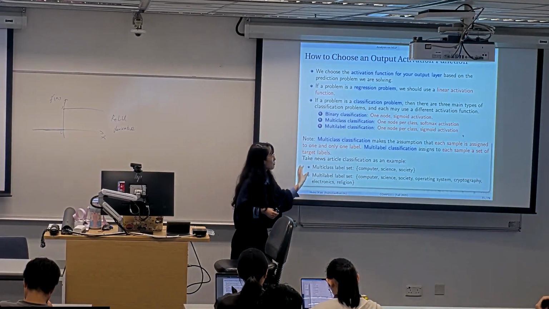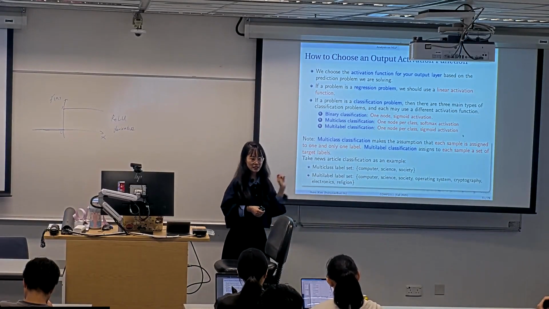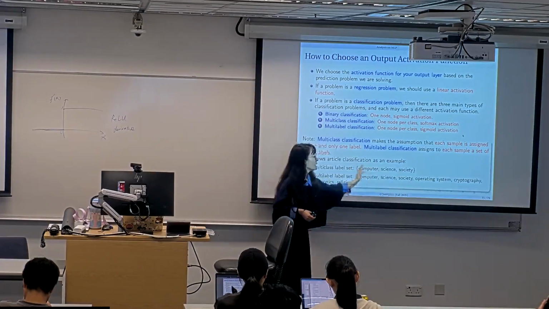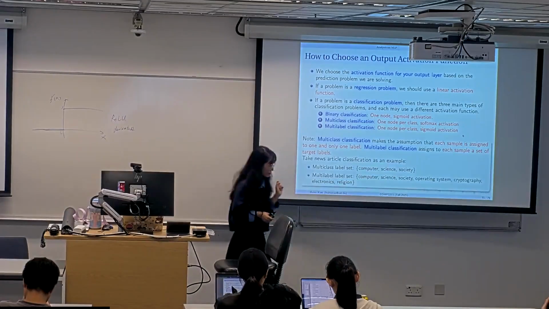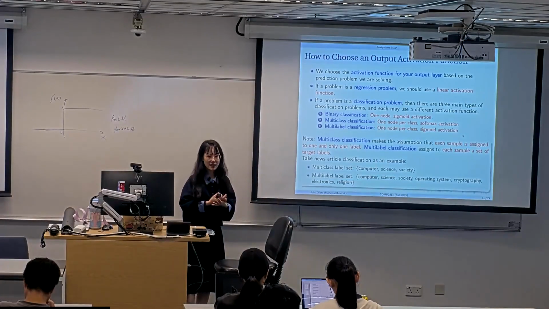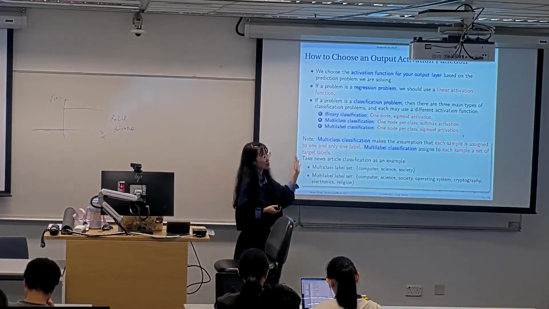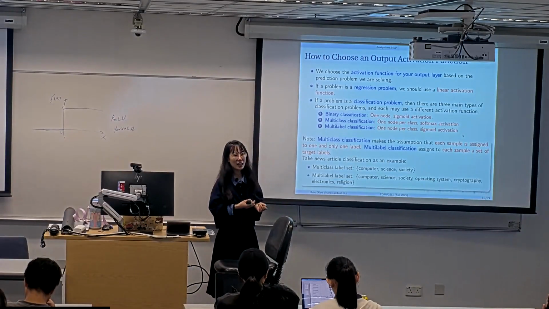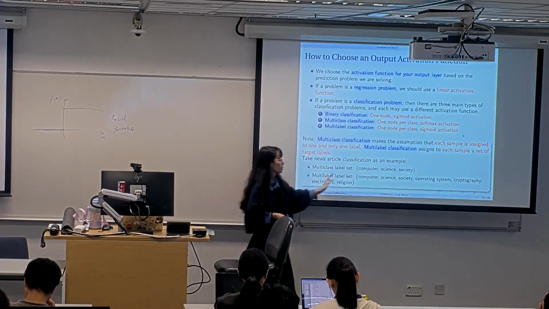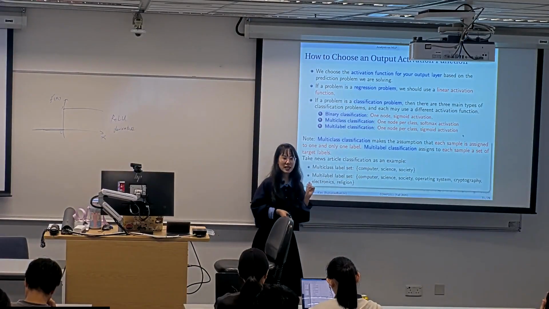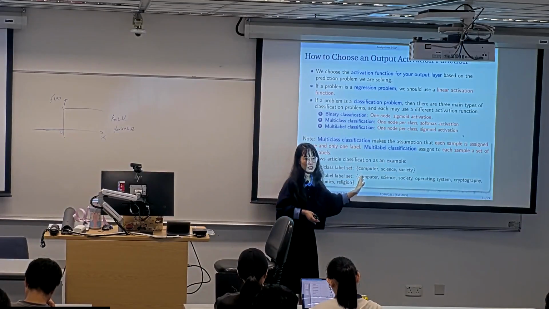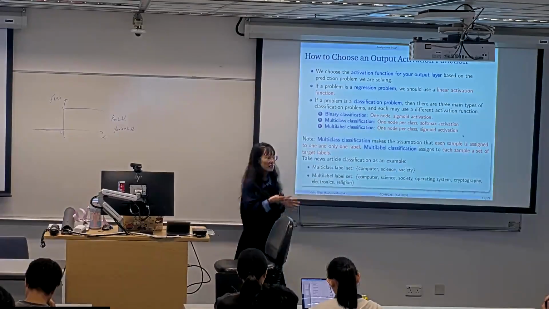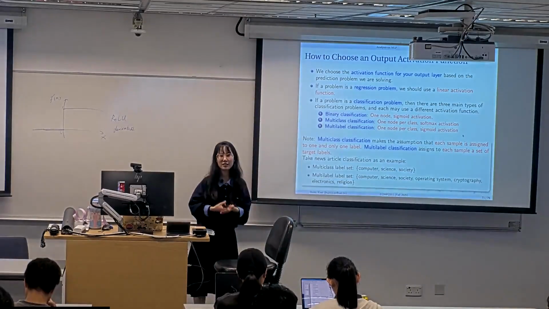If we're doing multi-class classification, then our label set possibly can be computer, science, society. That means each data sample is 1 news article. Each news article will be assigned 1 and only 1 label from this set. So this article is either computer or science or society. It cannot have more than 1 class label.